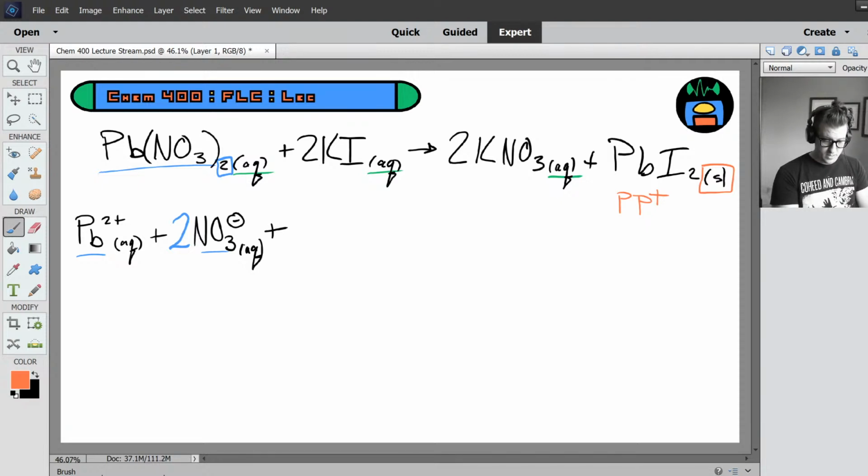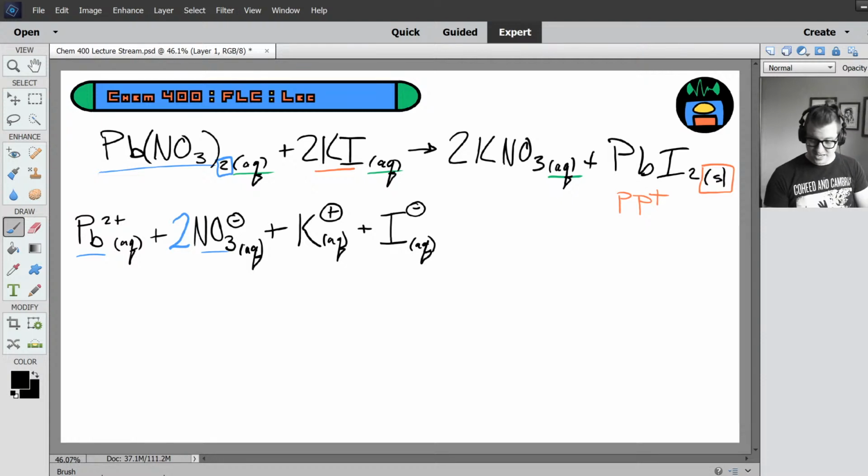Plus, now let's go ahead and break apart potassium iodide. So this would be plus aqueous potassium cations and aqueous iodide anions.